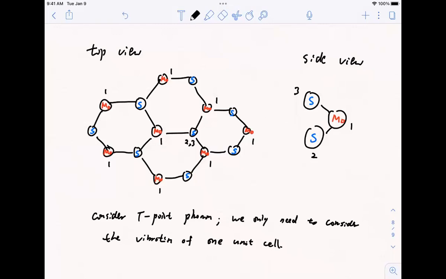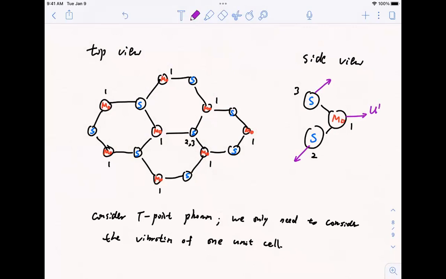You only need to consider the vibration of one unit cell because all the unit cells vibrate identically in the vibration.